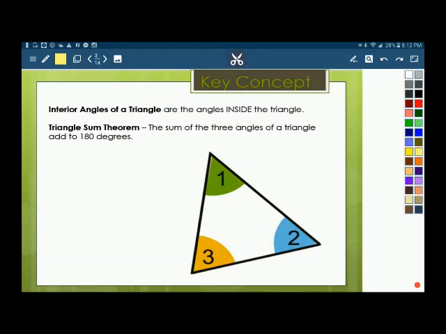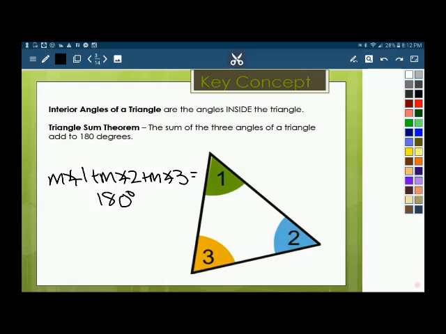Interior angles of a triangle I have highlighted here in green, blue, and yellow. These are angles inside the triangle created by the sides of the triangle. And we can use the triangle sum theorem, which you should know from 7th grade: the three angles of a triangle add to 180 degrees. So specifically in this picture, it would be that the measure of angle 1 plus the measure of angle 2 plus the measure of angle 3 all equals 180 degrees.